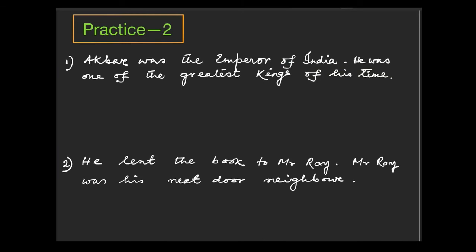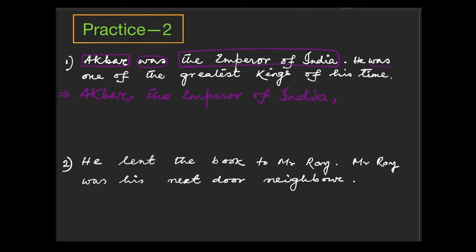Now see the answer here. Akbar, noun, and the emperor of India, this is also a noun. Noun means noun phrase. Okay, we will put these two nouns side by side, separated by a comma, like Akbar, comma, the emperor of India, comma.